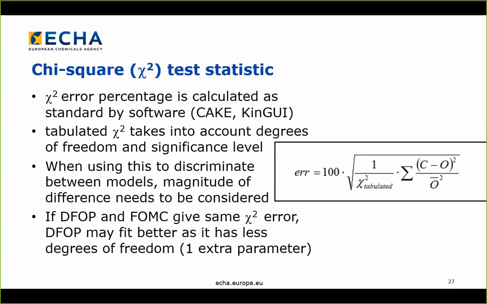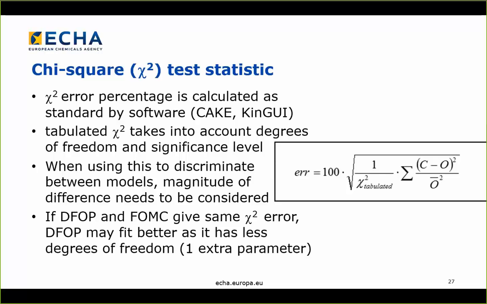Because we have these bespoke tools like CAKE that you'll be playing with this afternoon, the chi-squared error percentage is calculated as standard by that software. And the chi-squared takes into account the degrees of freedom and the significance level.